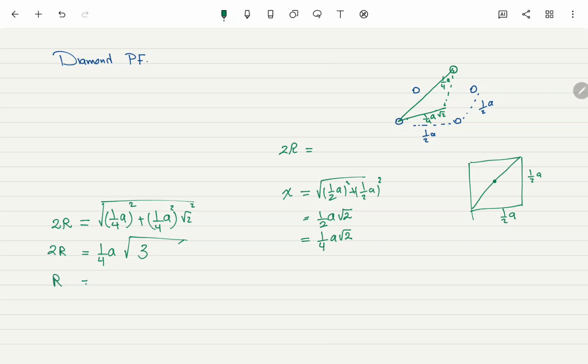R in this case is equal to A/8 square root of 3.